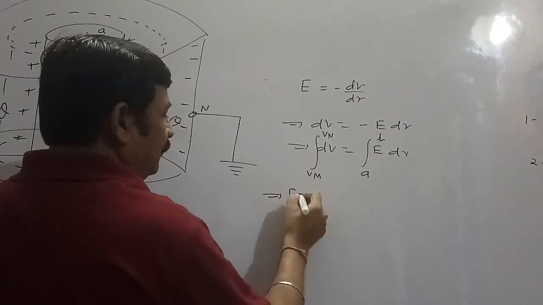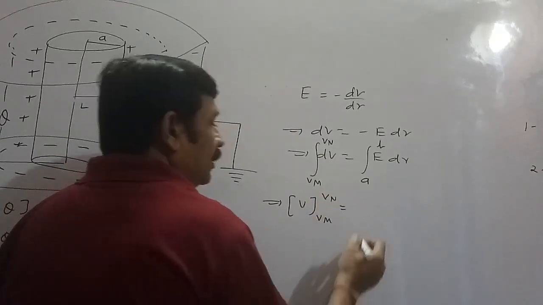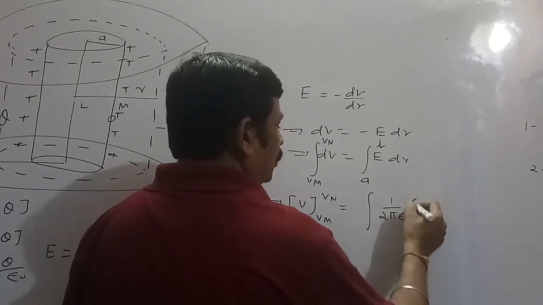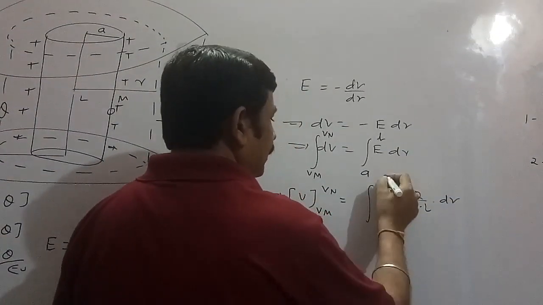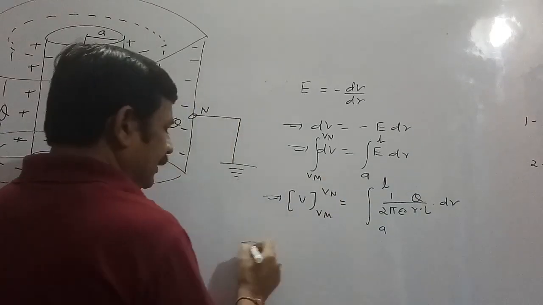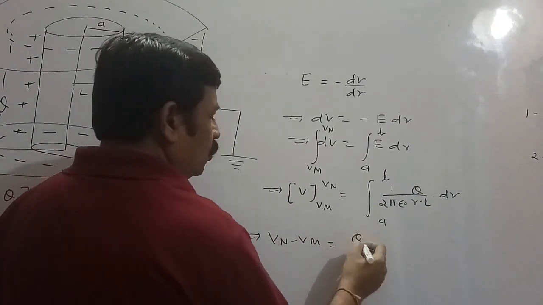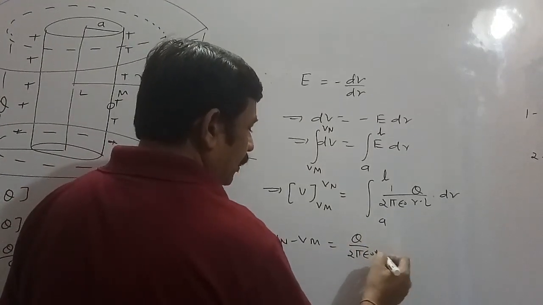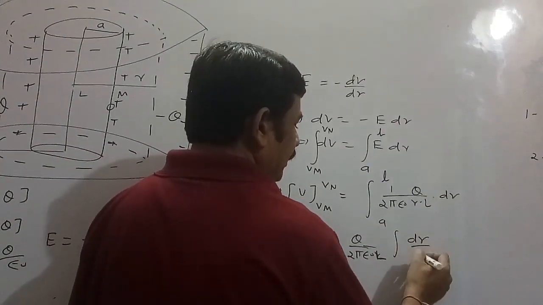Integration of dV will be V between limits Vm and Vn. The value of E is 1 upon 2 pi epsilon naught Q by r into L, into dr between limits a and b. Here you will get Vn minus Vm equals Q upon 2 pi epsilon naught into L. They are constants, keep them outside. Inside you will get dr by r.